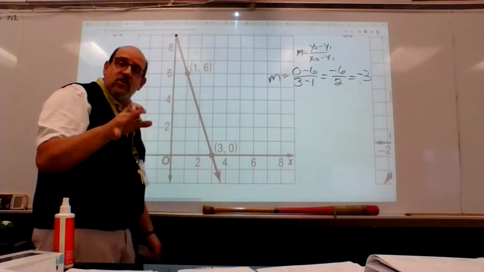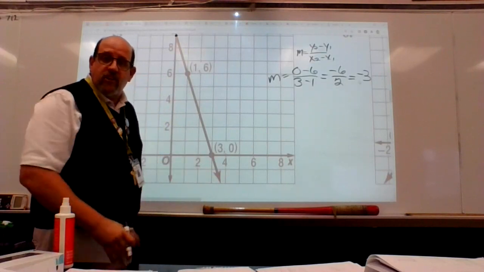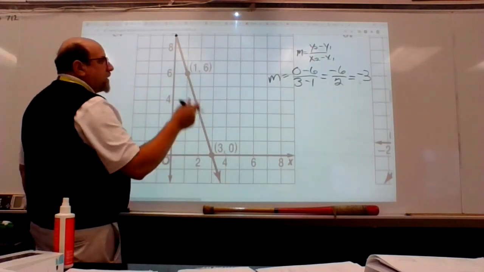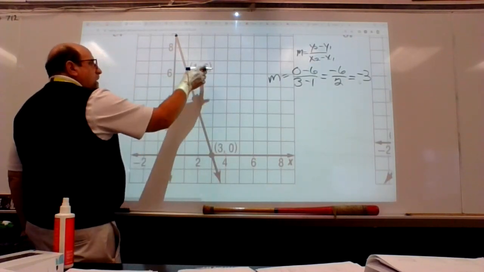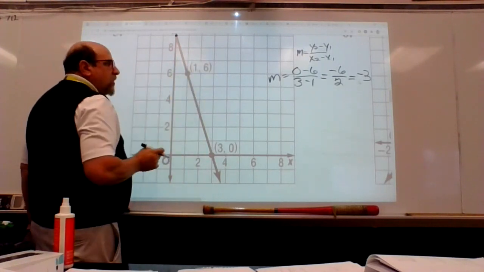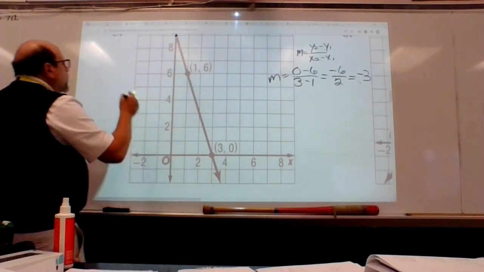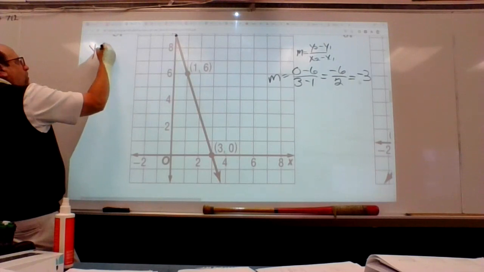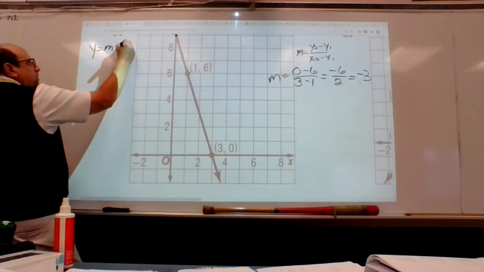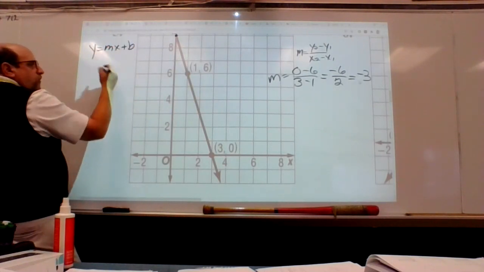But just in case you didn't notice that, we can input that information in with this coordinate pair using slope-intercept form. y equals mx plus b. Solve for b.